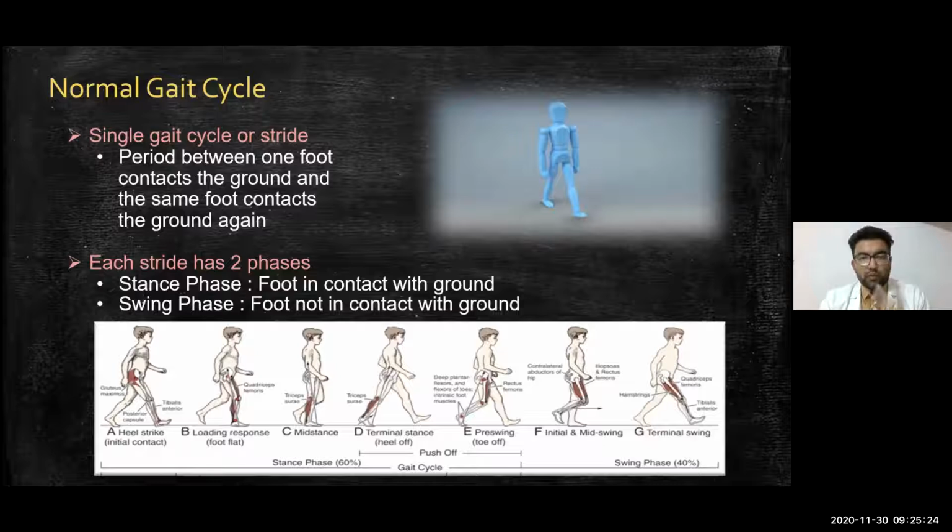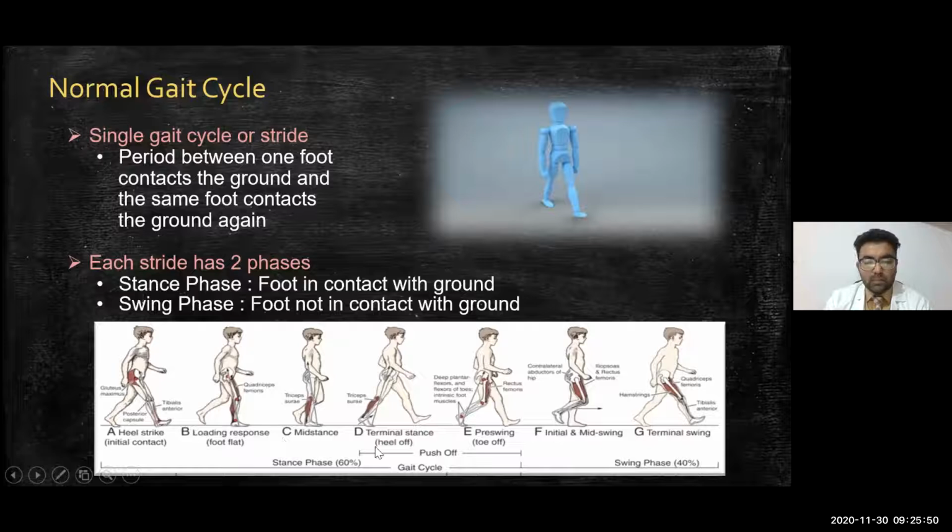Each stride has two phases. One is the stance phase. The stance phase is defined as the portion of the gait cycle during which the foot is in contact with the ground. Look at the bottom picture, where you can see that from A to E, the child's right leg is in contact with the ground.